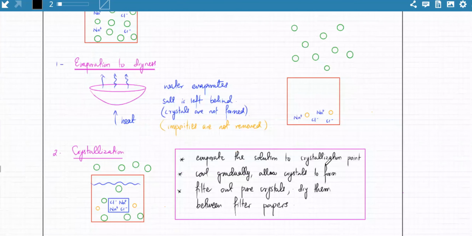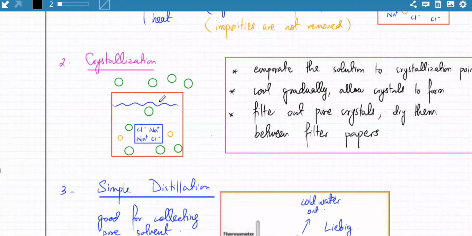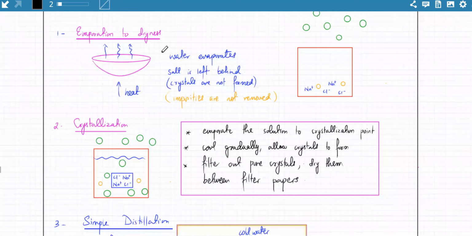The other one was crystallization, where you evaporate some of the water and then you allow the particles to join up, cool gradually, allow crystals to form, and then you filter out the pure crystals that are formed.